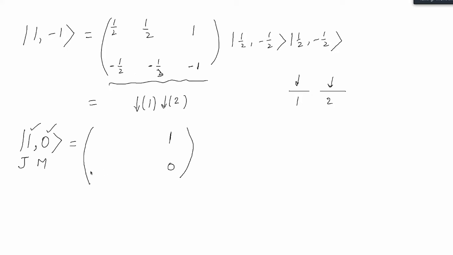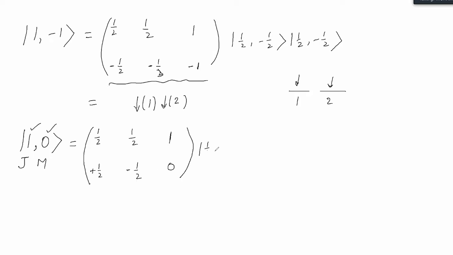This is possible if one is plus half and another is minus half. Because one half can have a projection plus half and the second half can have a projection minus half, such that this is giving me 0. But you will ask the question, the other possibility could be this is minus half and this is plus half.